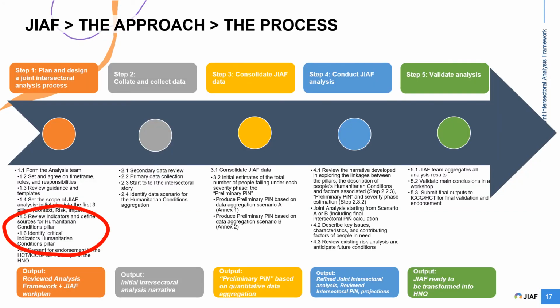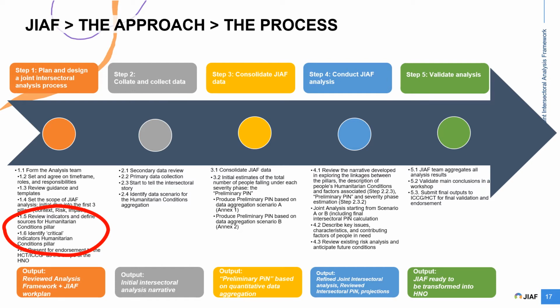This slide recaps the entire JIAF process. I just wanted to bring your attention to step 1, plan and design a joint intersectoral analysis process, and more specifically to step 1.5 and 1.6.